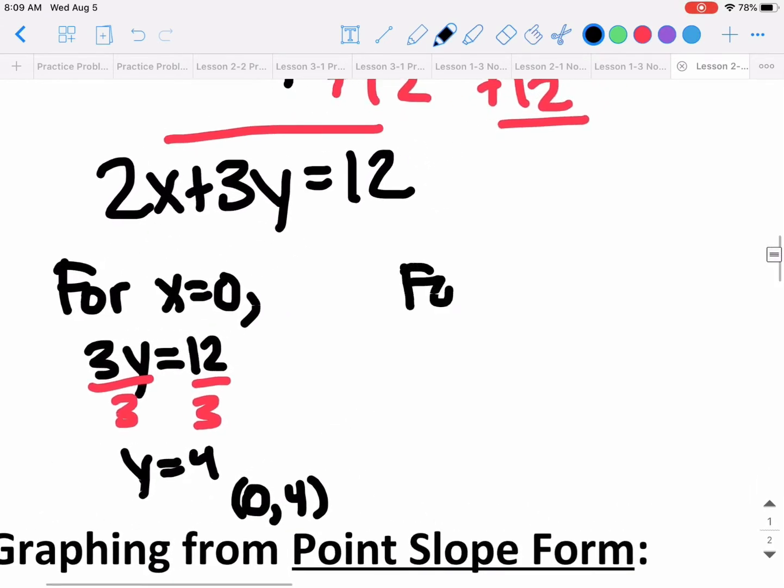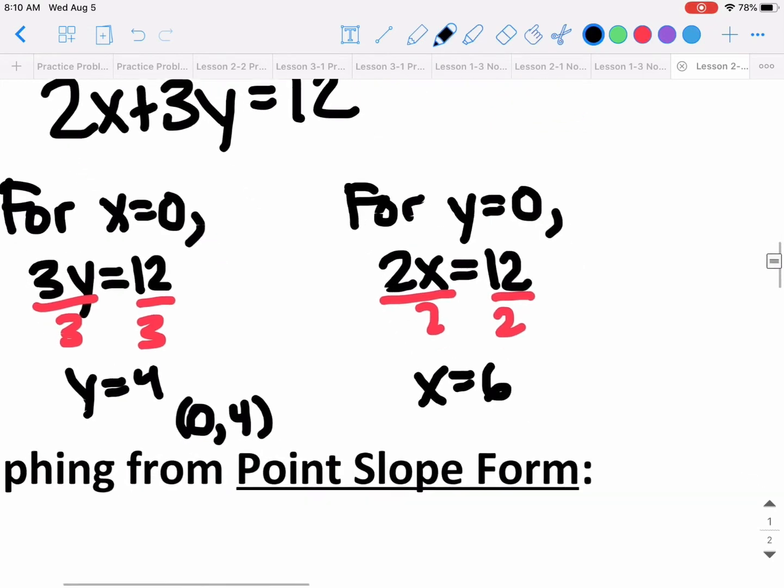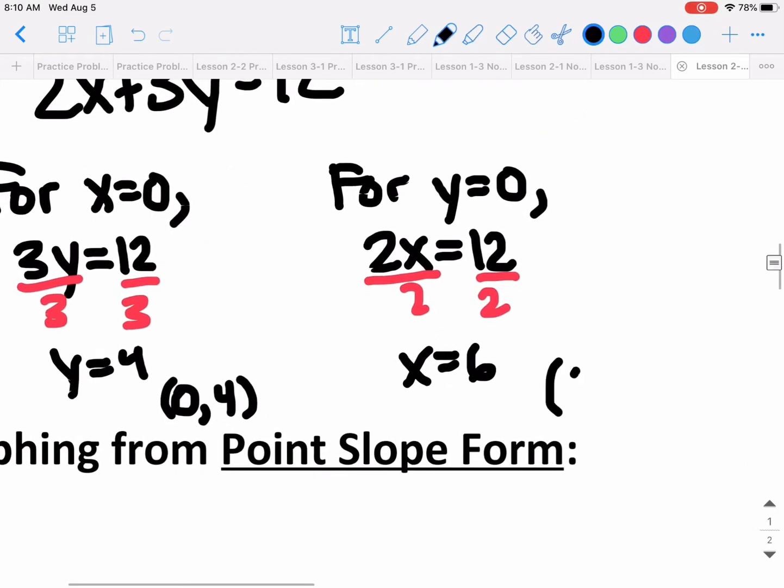The next thing I'm going to do is plug in y is equal to 0. When I do that, the 3y goes away, and I'm left with 2x is equal to 12. Dividing both sides by 2, I get x is equal to 6. So the point I get from that is (6, 0). X is 6, y is 0.